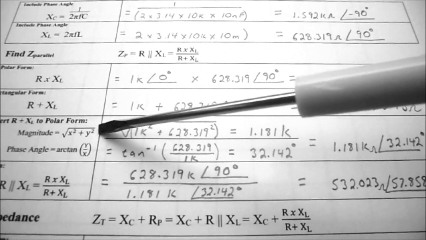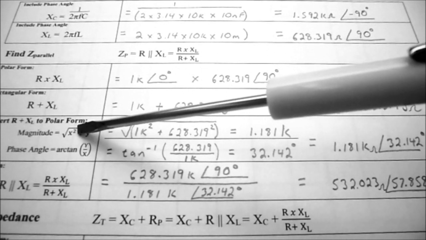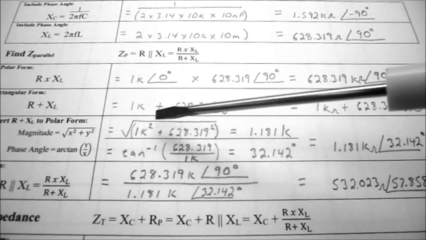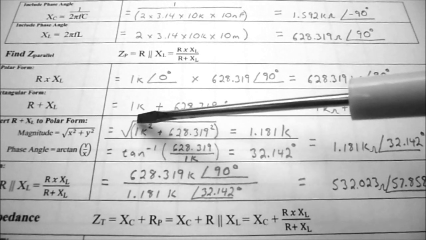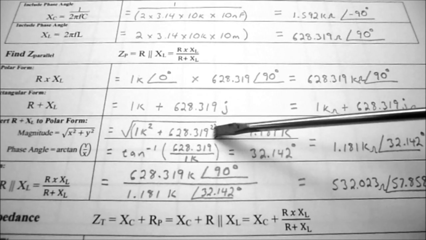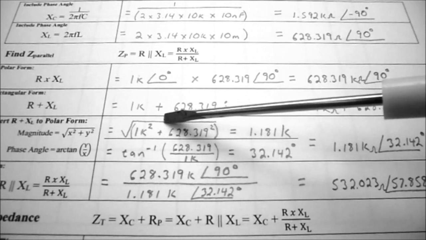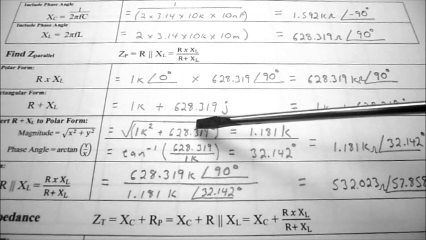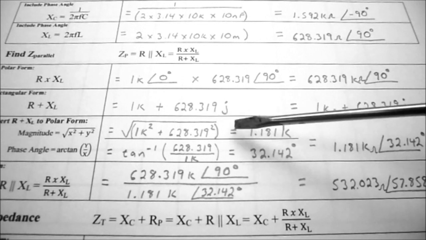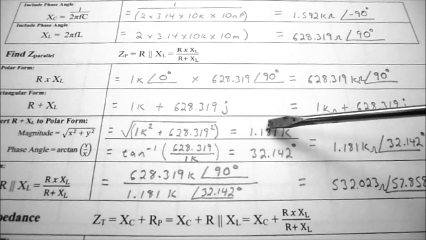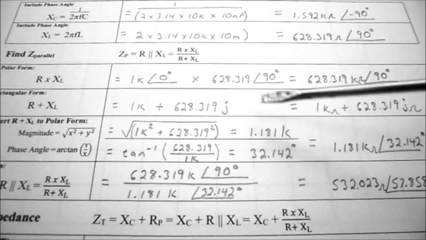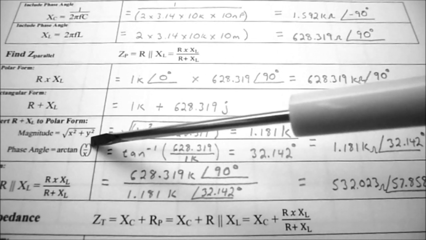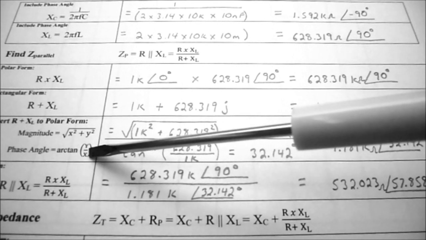So the magnitude is equal to the square root of the real component squared plus the imaginary component squared. So that's equal to the square root of, and in brackets to keep the two together underneath the square root sign, 1k squared plus 628.319 squared, and that's going to be equal to 1.181k. Then to find the phase angle, it's arctan of the imaginary component over the real component.